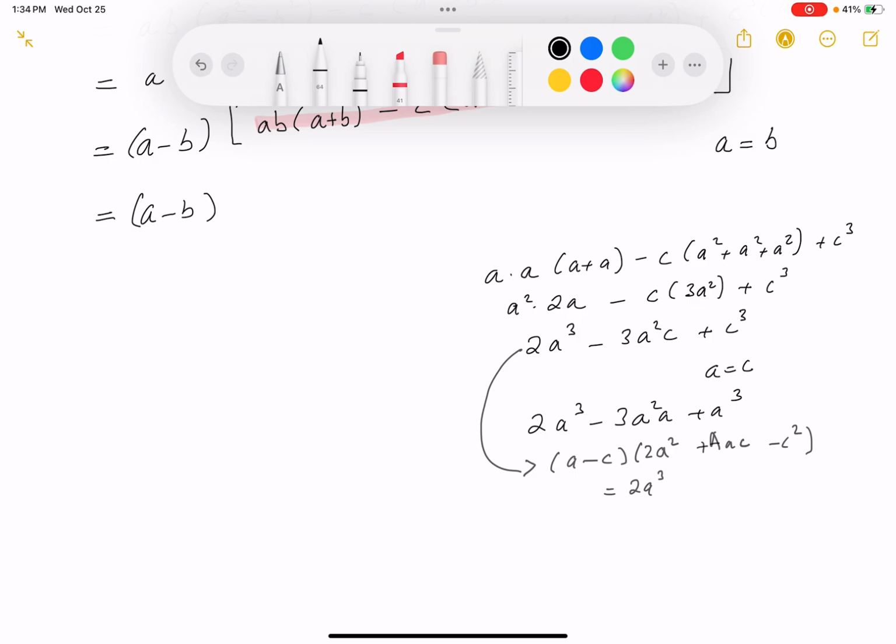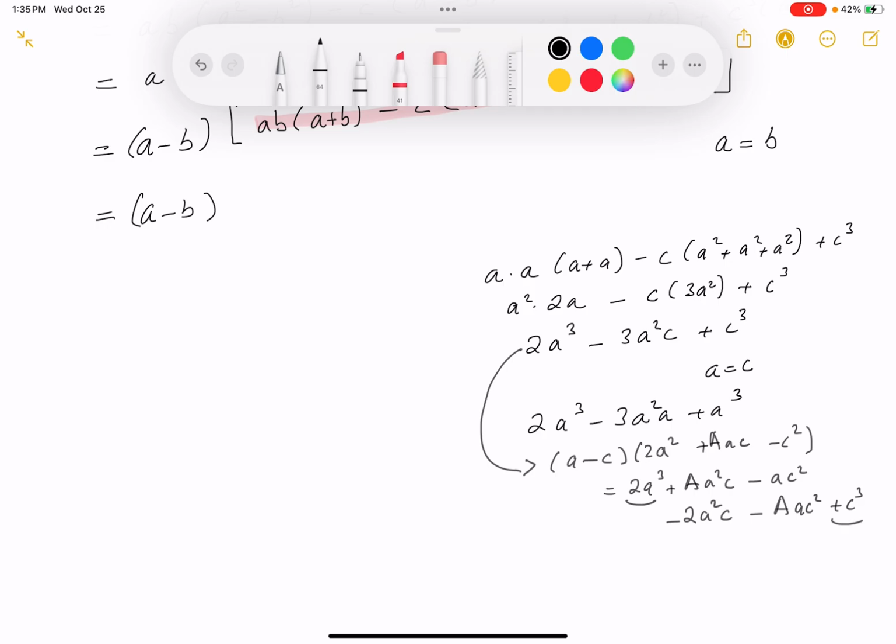So you get 2A cubed plus big A squared c, minus AC squared. Now it's going to be minus 2A squared C, then minus big A AC squared, and then you get the plus C cubed.